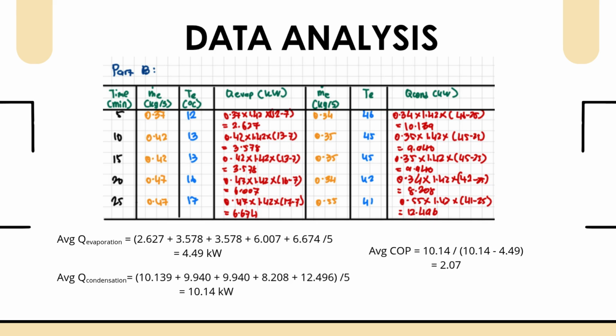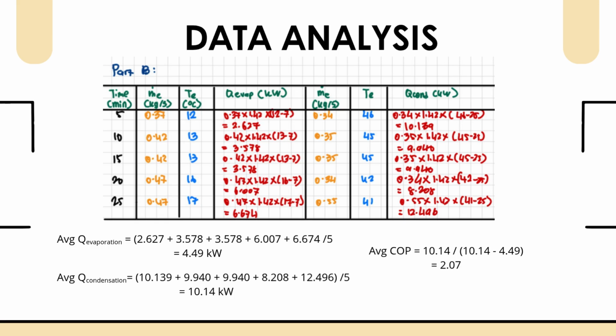For part B, we need to find the same thing, which is Q evaporation and Q condensation, from all the data we have and the equations given in the experiment. So we will get the average Q evaporation for part B to be 4.49 kilowatt, and average Q condensation for part B is 10.14 kilowatt.